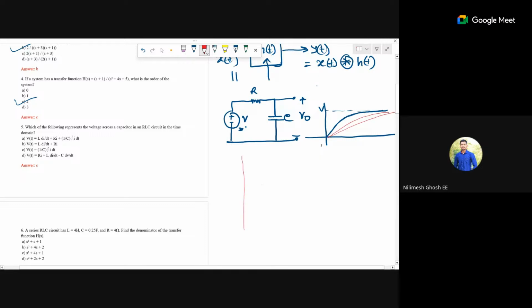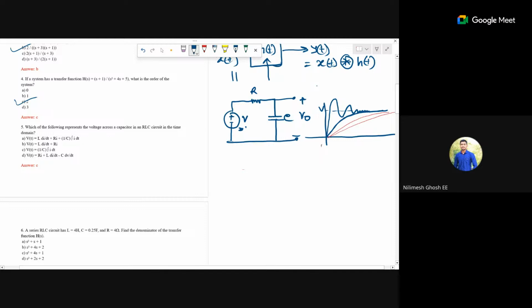And let's suppose this circuit is very slow, then it will go like this. And there is also another case. It will follow this way also, right?